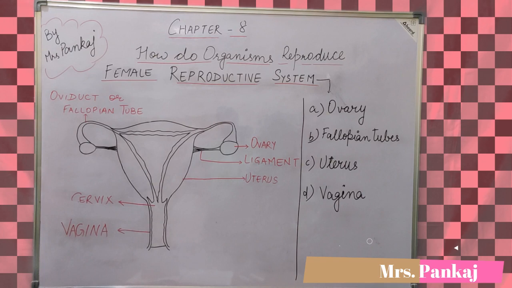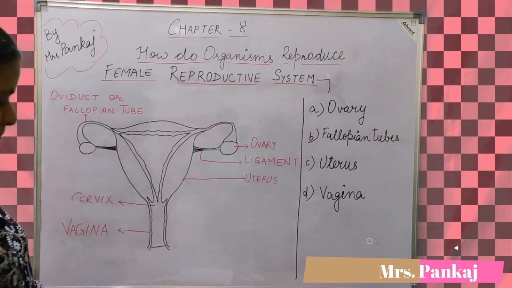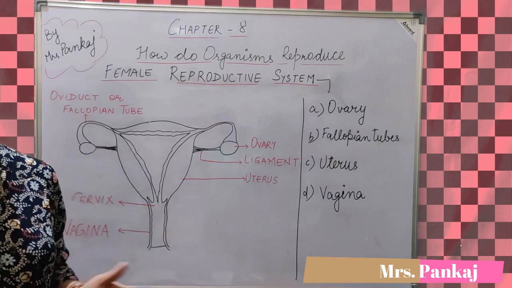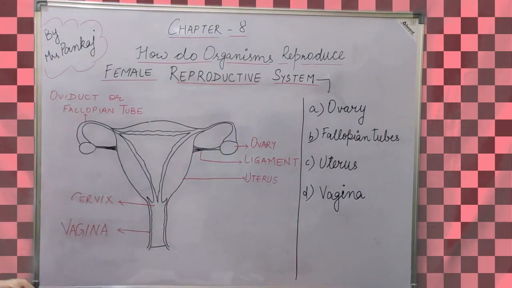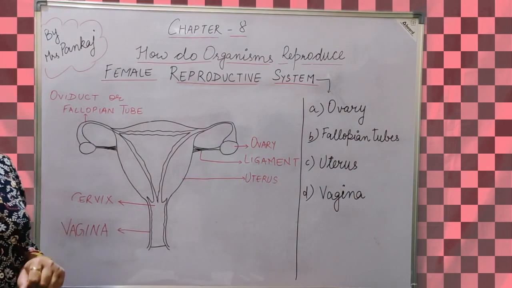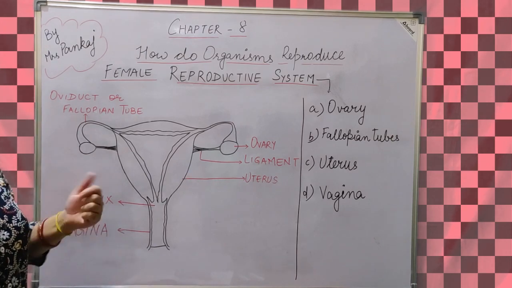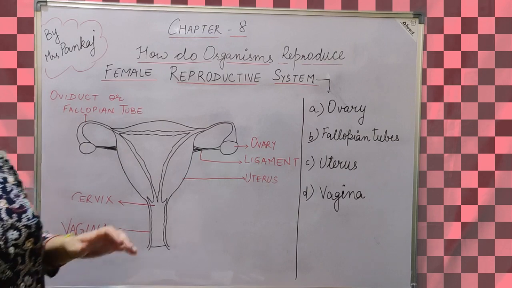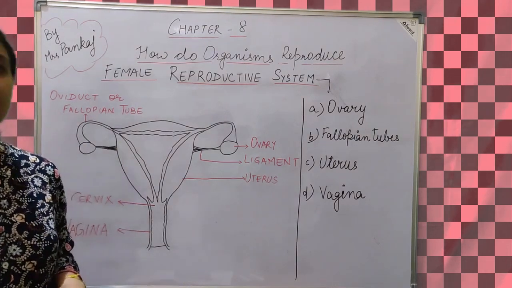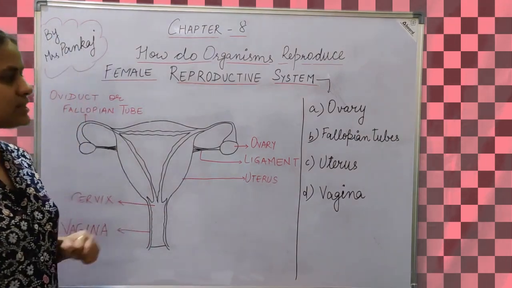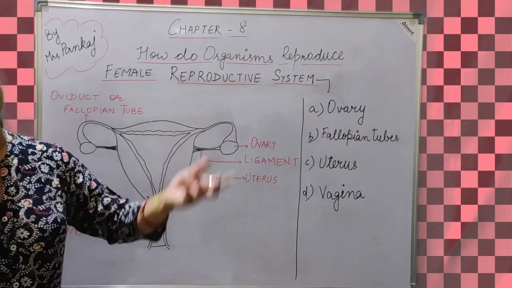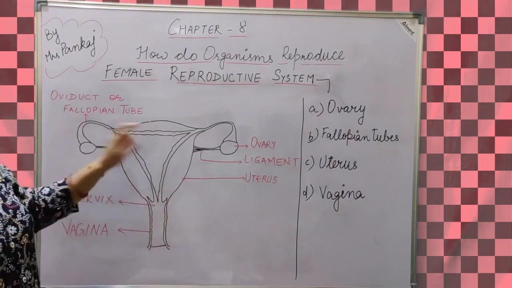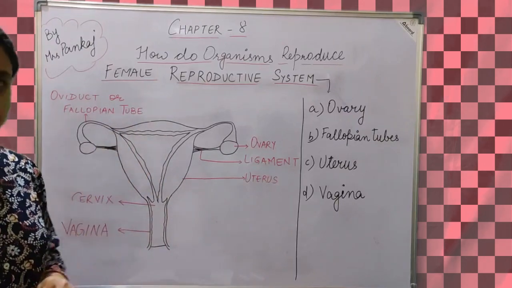The reason for it is that it has to receive the sperm, then help in fertilization, and even the post fertilization changes occurring in the body. But the male reproductive system has only one thing to do, that is production of sperm and then ejaculation. So it is much more complex than the male reproductive system.